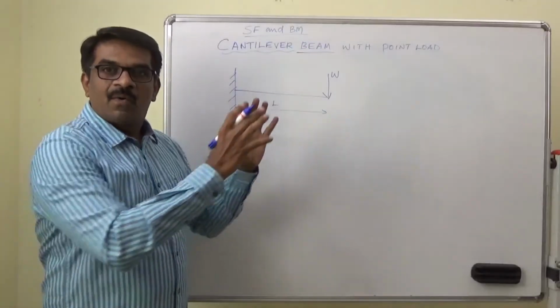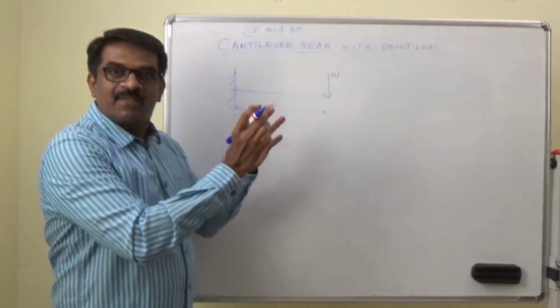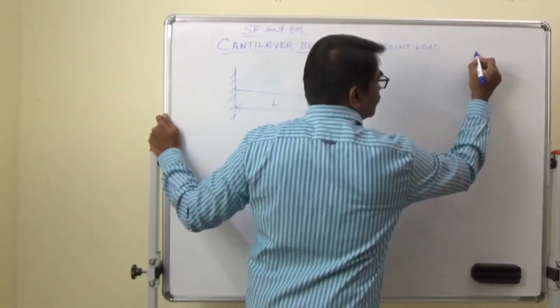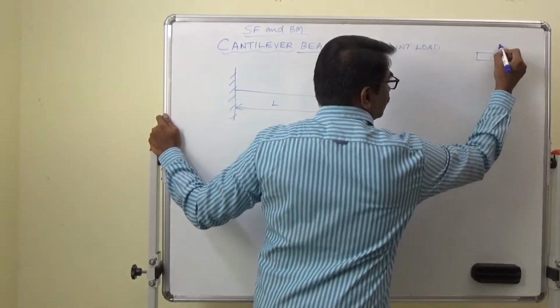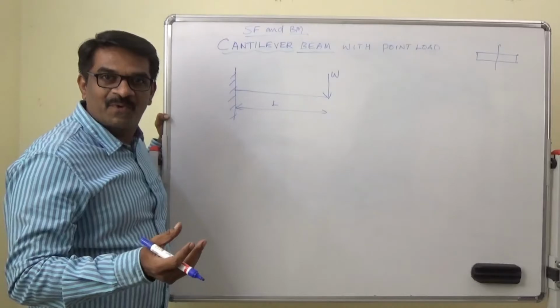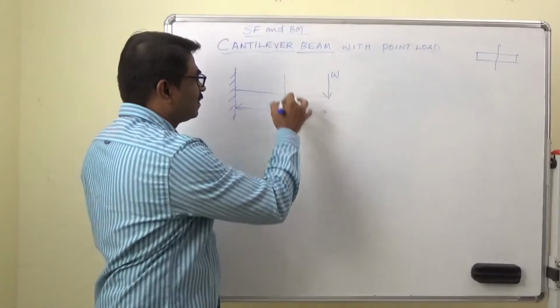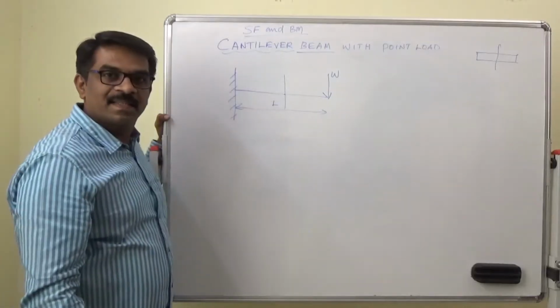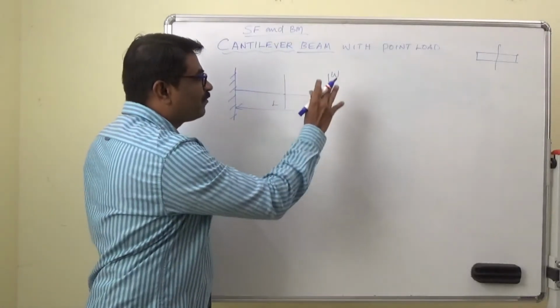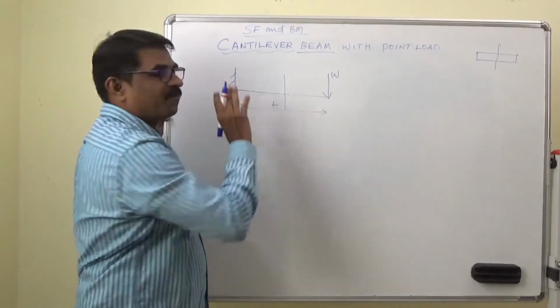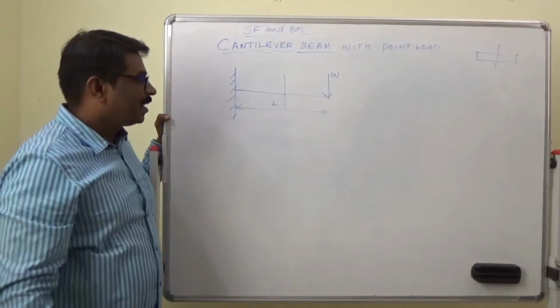Now let me recollect the sign convention first. Before that, what is the definition of shear force? You take any section. The shear force at this section is the summation of all the forces acting on either the right side or left side of the beam.